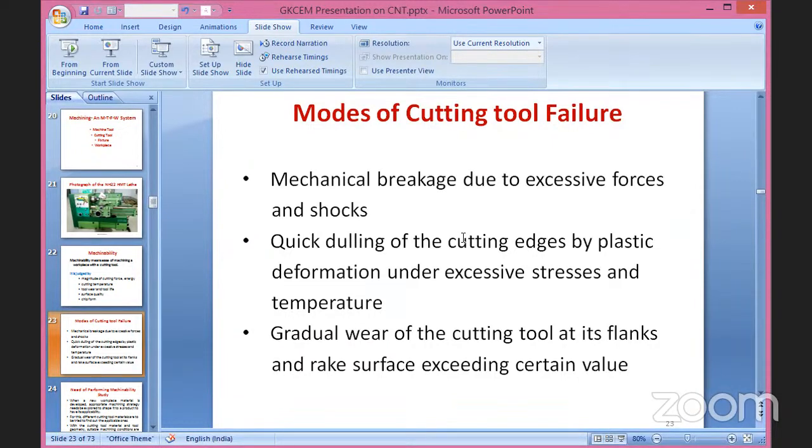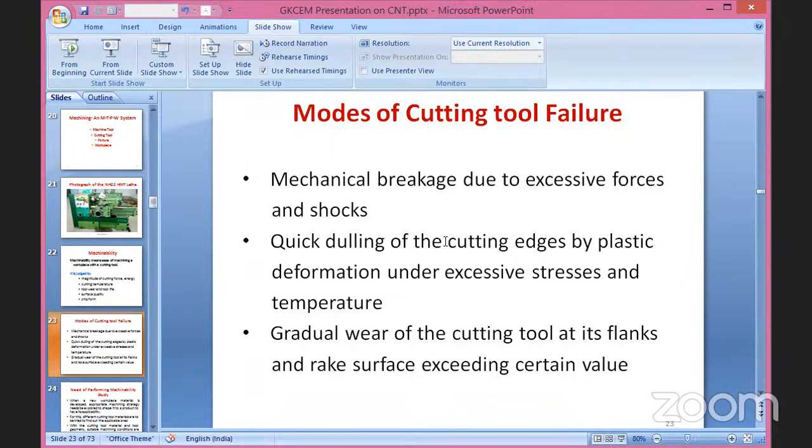And mostly 15, 20, 30 meters per minute is what people use, because the higher the cutting velocity, the lower the tool life, and you have to regrind this HSS cutting tool again and again. That also becomes costlier. So why is it happening? Because HSS cutting tools get softened with the increase in temperature, and that softening tendency is very high.